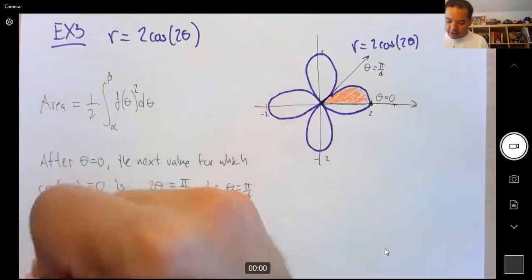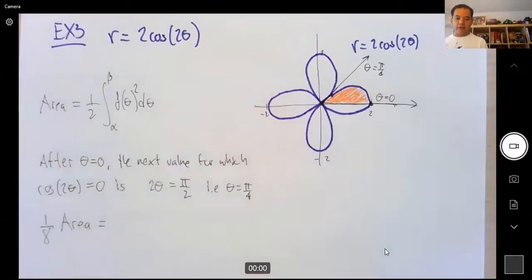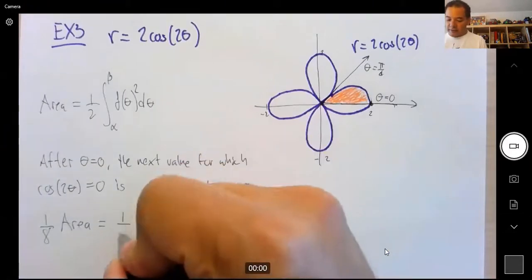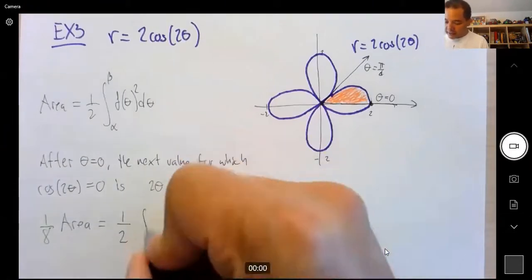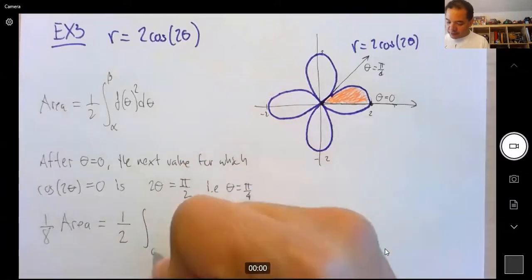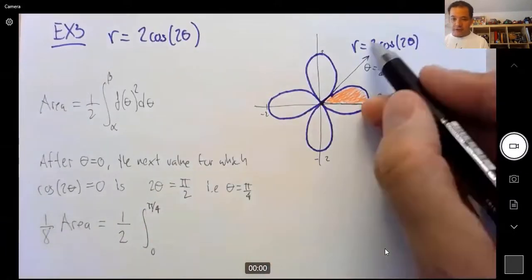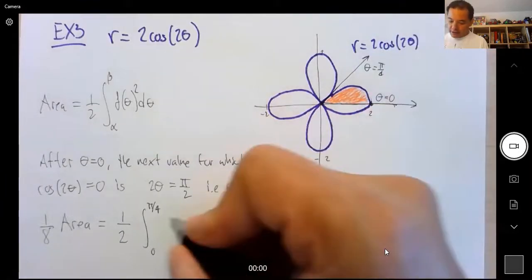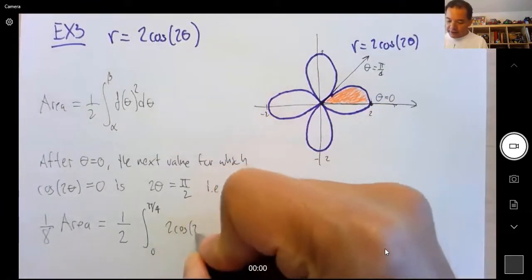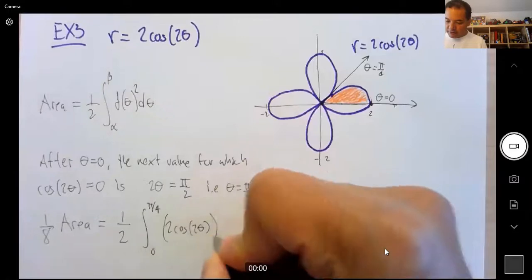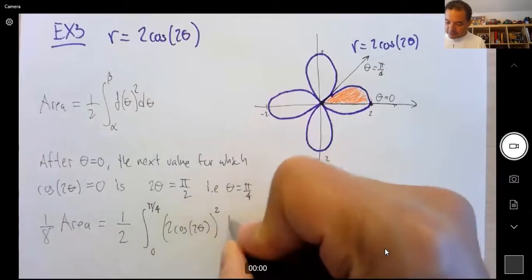So 1/8 of the area that we want to calculate is given by this formula: 1/2 the integral from 0 to pi over 4 of the function. What's the function? This is the function, right? 2 cosine 2 theta, quantity squared, d theta.